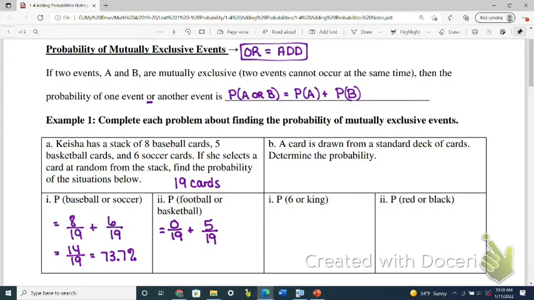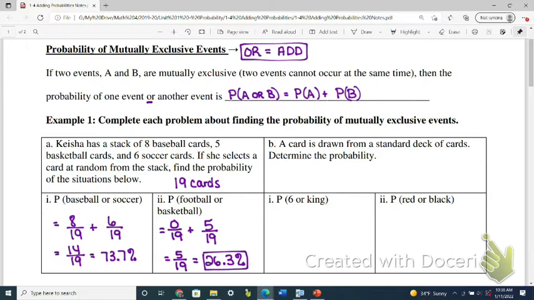Since we're not multiplying, that 0 doesn't affect my probability. I still have a probability because it's football or basketball. So when we add the tops, I get 5 over 19, which is 26.3%.